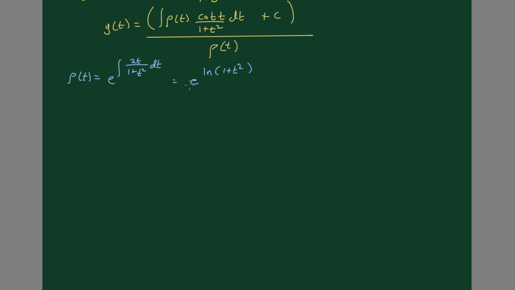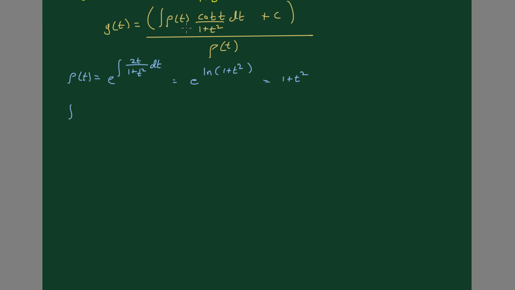And since the exponential and the logarithmic are inverse functions, they cancel out and give you 1 plus t squared. And so we have our rho of t, our integrating factor, and we can make the substitution into this equation. In the numerator, we're going to have to solve for this integral part, so let's go ahead and solve for that.